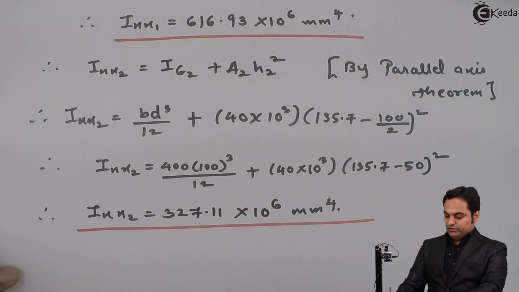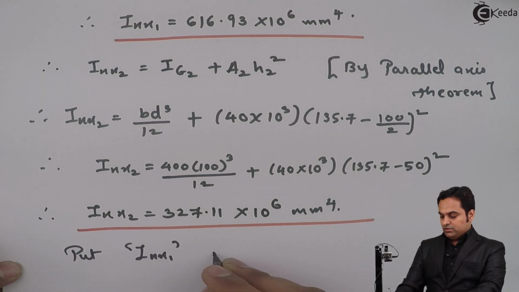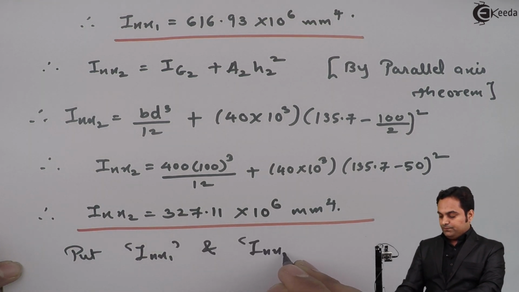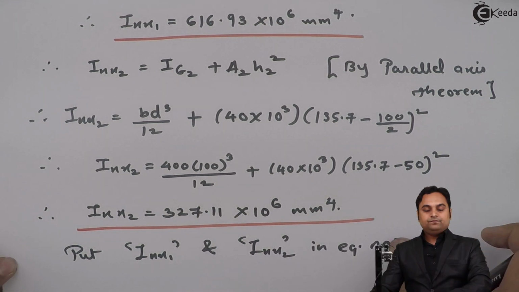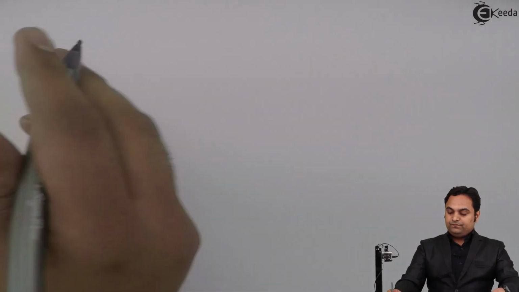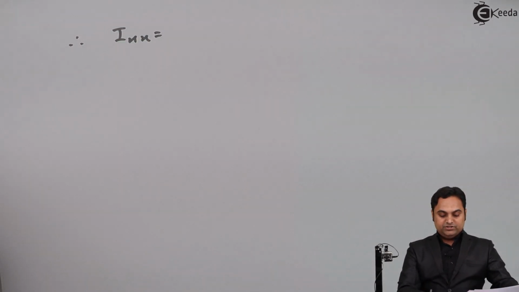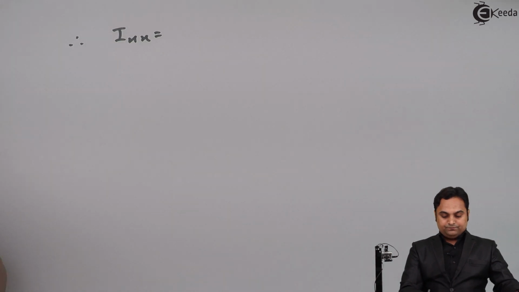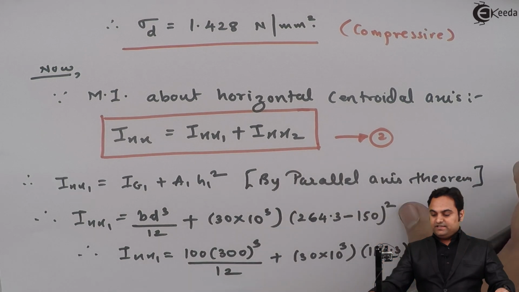After getting Ixx1 and Ixx2, I'll put Ixx1 and Ixx2 in equation number second. So therefore we have, in equation number second, there we had written Ixx is Ixx1 plus Ixx2.